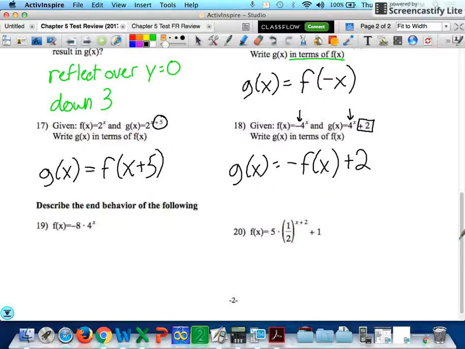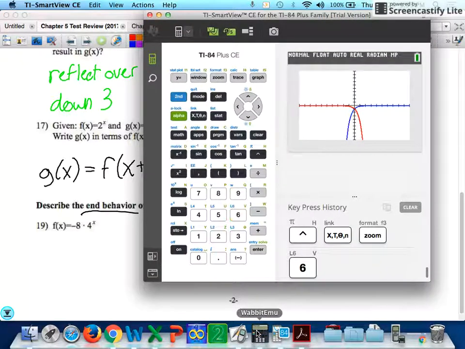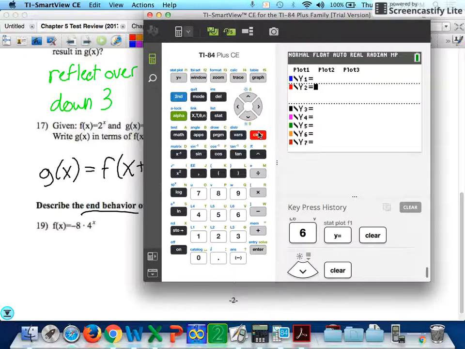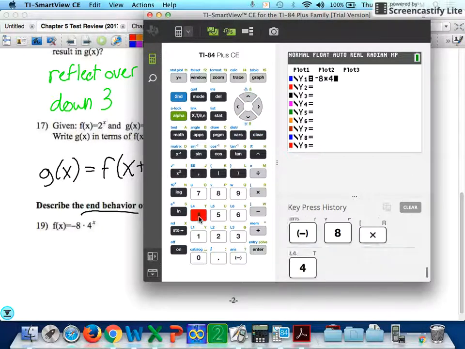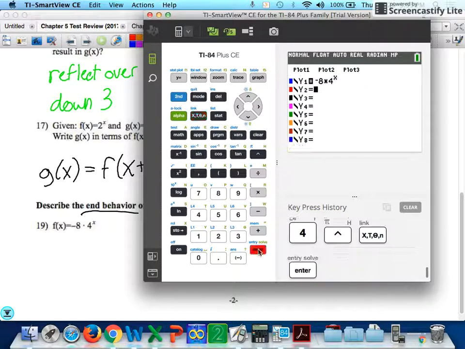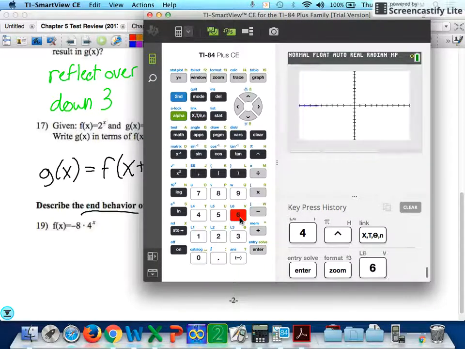Number 19 and 20, we're just talking about end behavior. We have to do end behavior with these graphs, okay? So you're given a graphing calculator, that's what you need to use. Clear out whatever else was in there. We've got negative 8 times 4 raised to the x power. We press zoom 6, we don't know what kind of crazy graph we were using last, and there's our graph. Remember, end behavior is just talking about left half and right half.